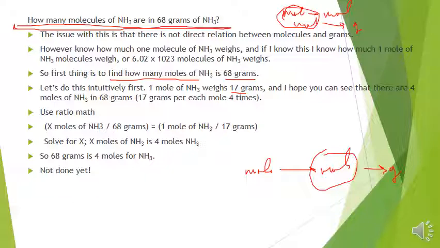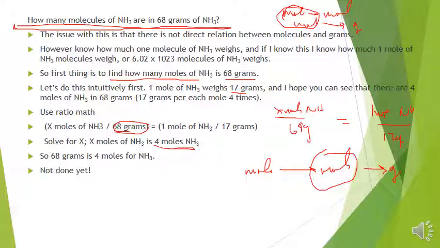It's a simple relationship: X moles of NH3 over 68 grams NH3 has to equal 1 mole NH3 over 17 grams. Multiply both sides by 68, and you get that 68 grams is equivalent to 4 moles of NH3.